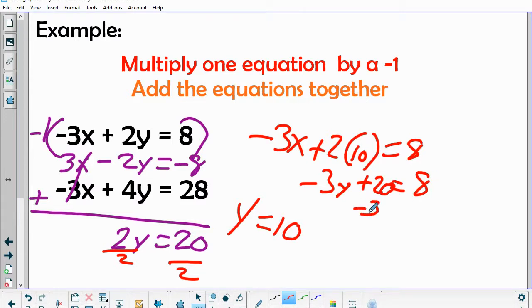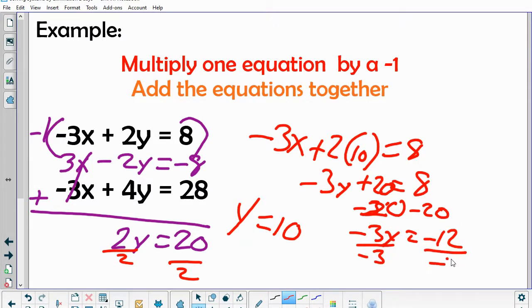So we subtract 20 from both sides, and we end up with negative 3x equals negative 12. And then we just quickly divide by negative 3. And so our final answer then would be x equals 4.